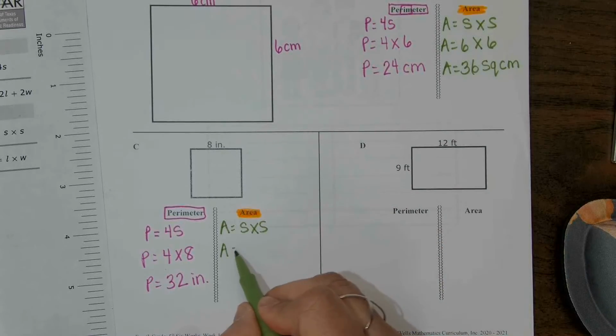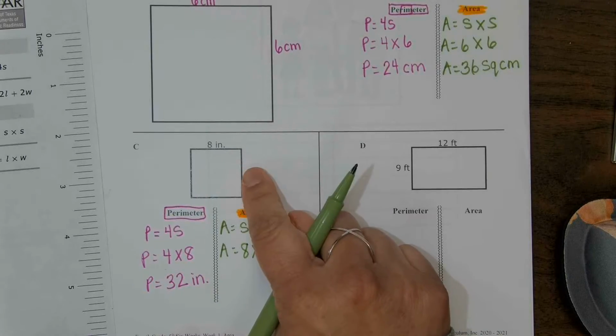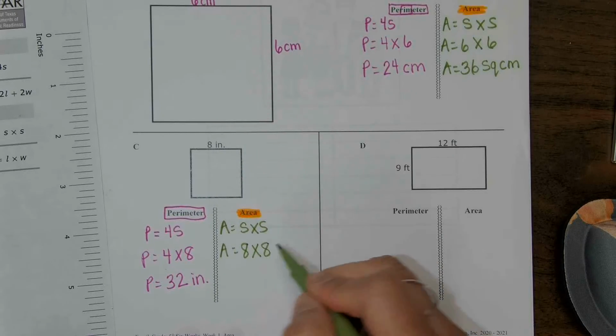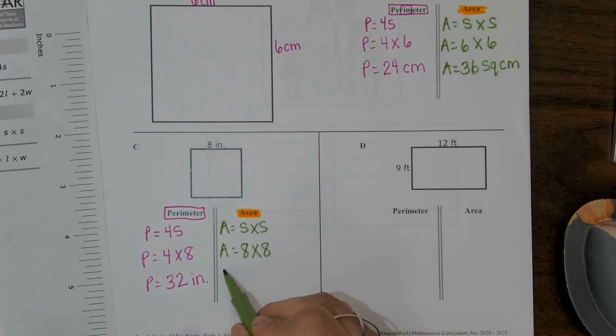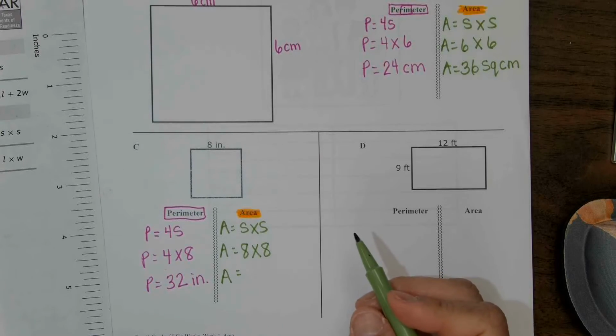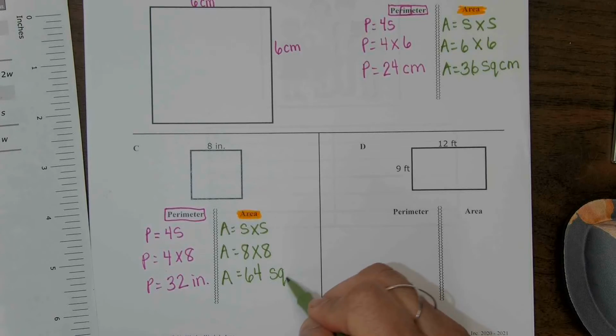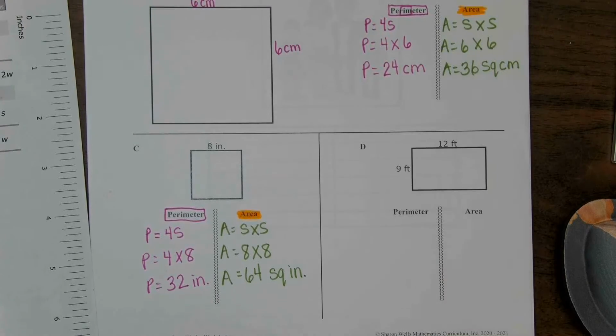So one side measures 8 and the other side measures 8. It is a square, so every side has the same measurement. So area equals 8 times 8, which is 64 square inches.